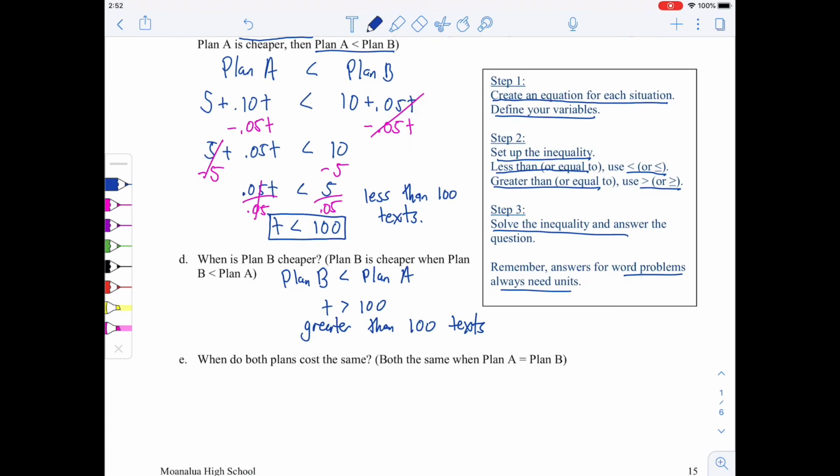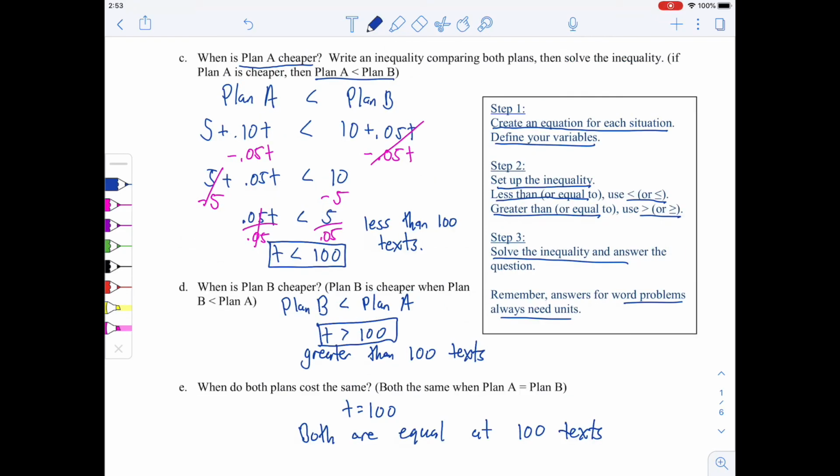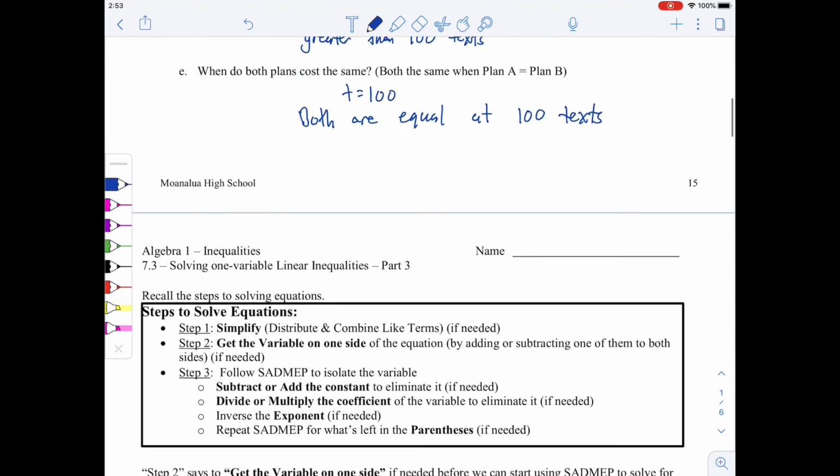Okay, and when are they the same? Obvious, at 100. So t equals 100 would be the same. So both are equal at 100 texts. Okay, pretty straightforward. So you set up your equations, set up your inequality, and then solve your variable.